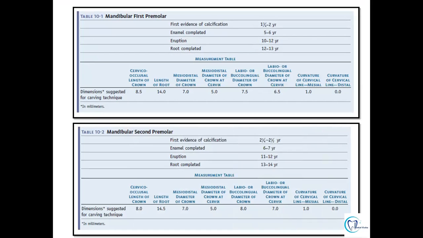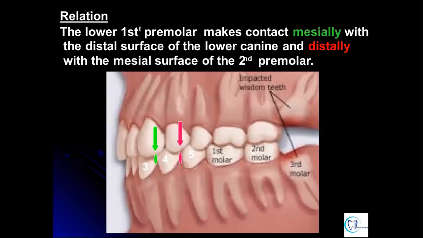Otherwise, the dimensions are more or less the same for mandibular first and mandibular second premolar. When we talk about their relation, the lower first premolar makes contact mesially with the distal surface of the canine and distally with the mesial surface of the second premolar. Always a tooth contacts mesially with the distal surface of the anterior tooth and with the mesial surface of the posterior tooth.